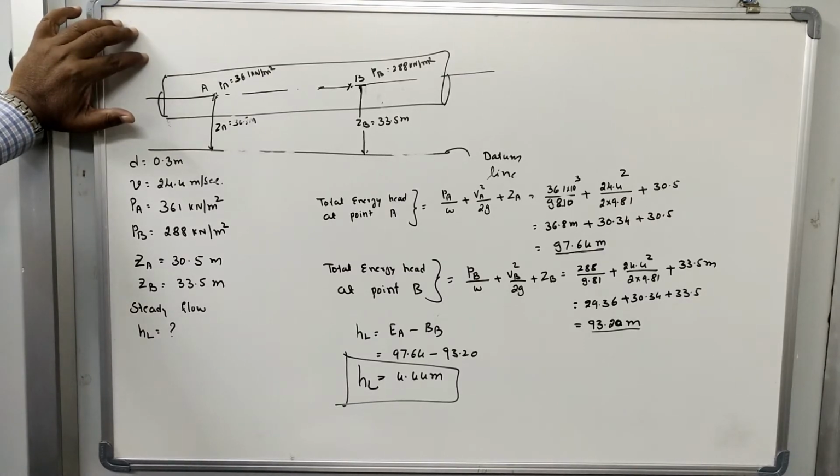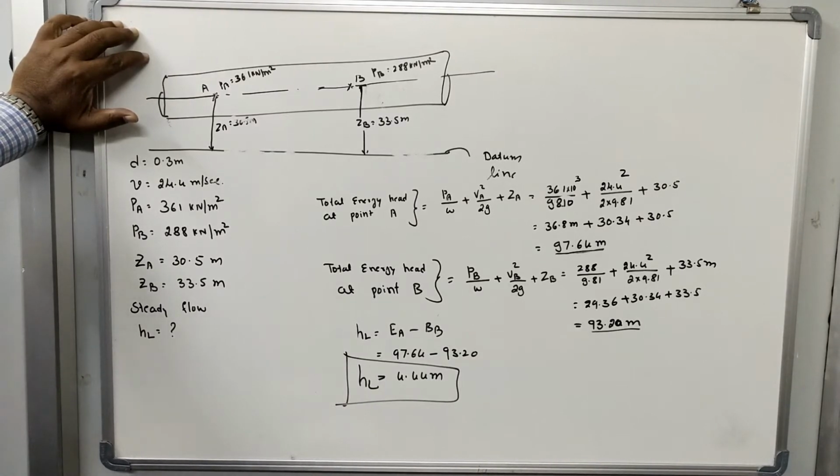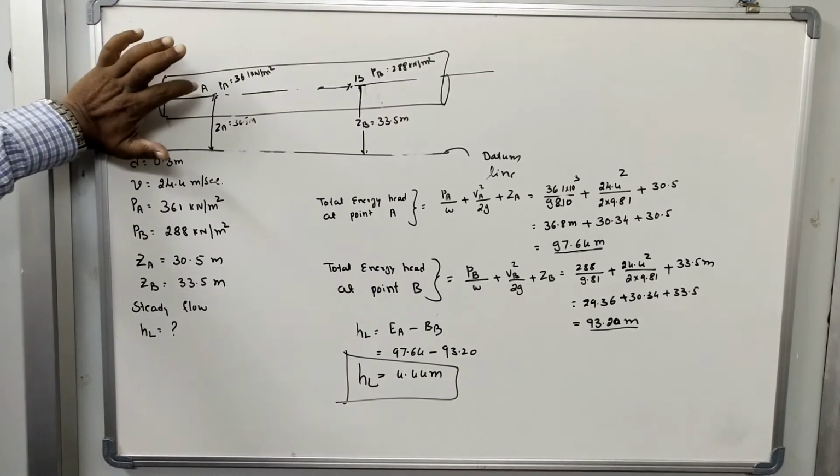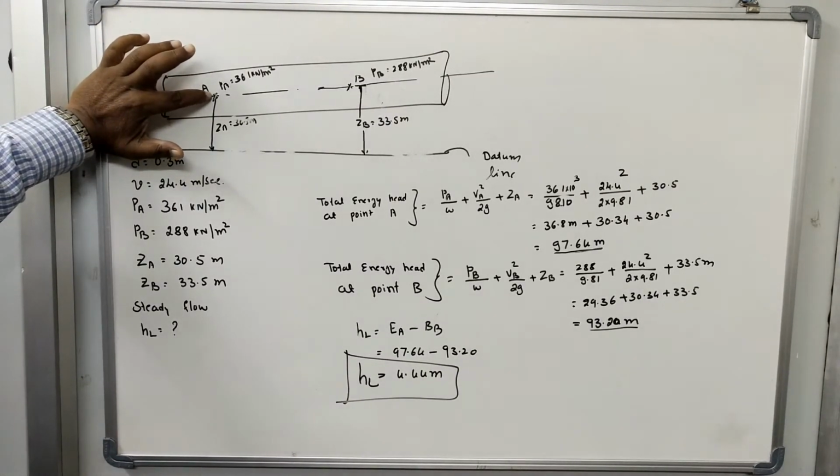Then the pressure intensity at points A and B is given. Datum heads ZA and ZB are given. The only question is, you have to find the loss of energy head when the fluid flows from point A to B. For that, you calculate the total energy possessed by the water at point A.